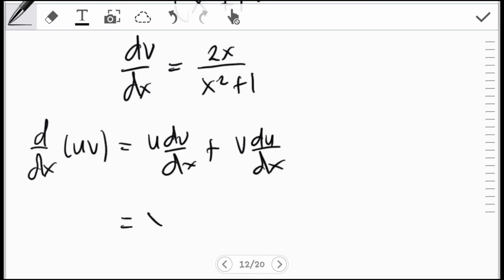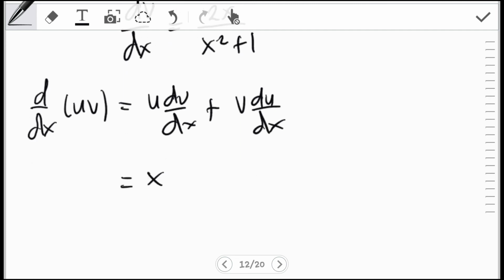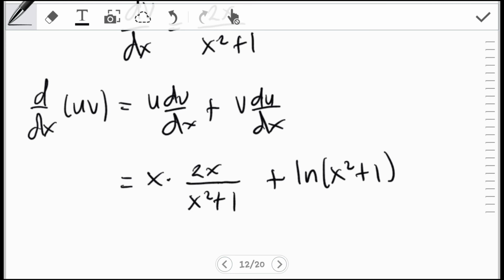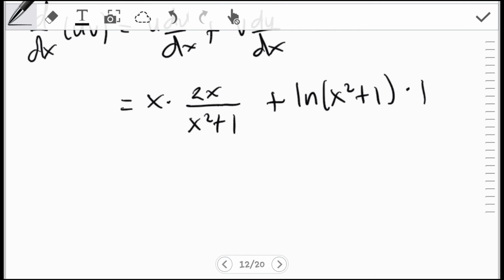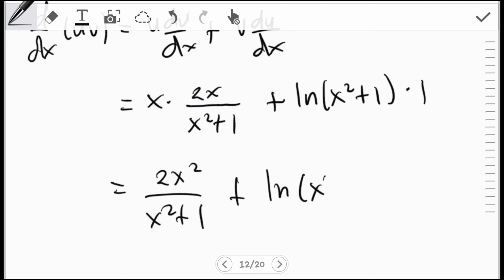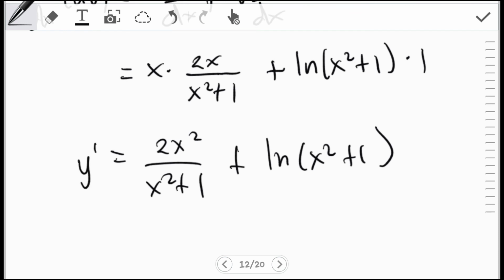So where u is x, dv over dx is 2x over x squared plus 1, then plus v, which is ln of x squared plus 1, times du over dx, which is 1. So that is 2x squared over x squared plus 1 plus ln of x squared plus 1. Okay, so that is the final answer.